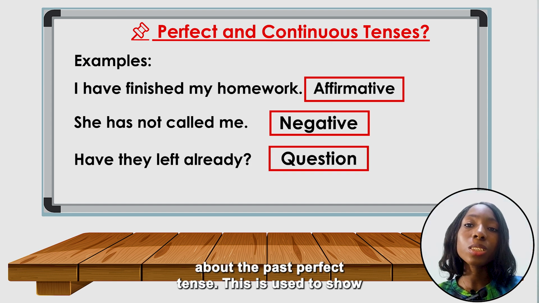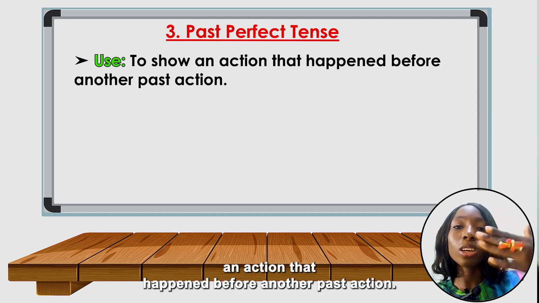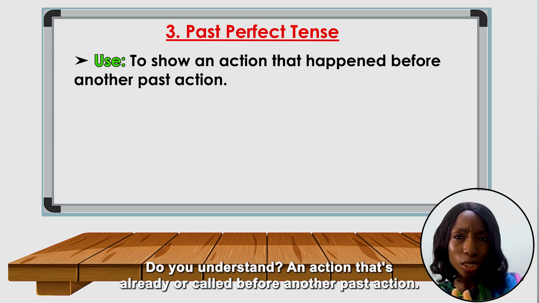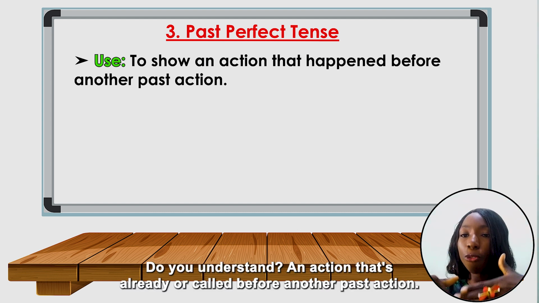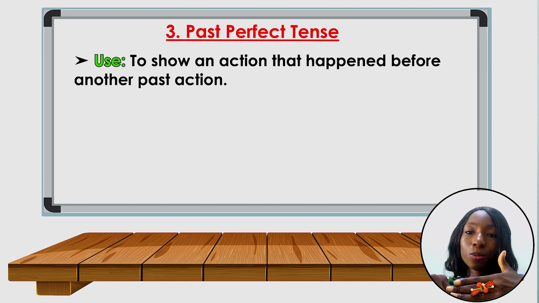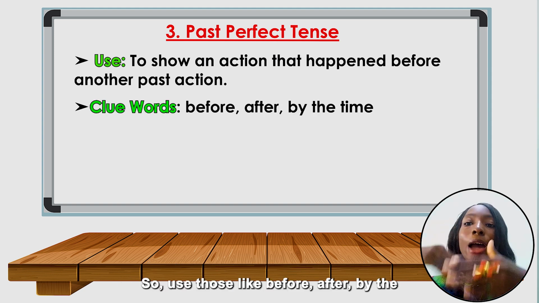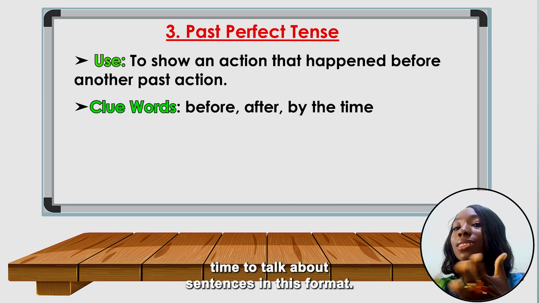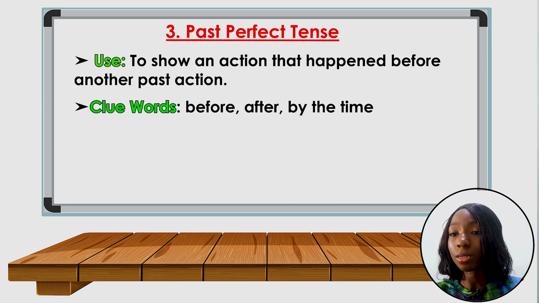Let's talk about the past perfect tense. This is used to show an action that happened before another past action. Do you understand? An action that already occurred before another past action. So use words like before, after, by the time, to talk about sentences in this format.